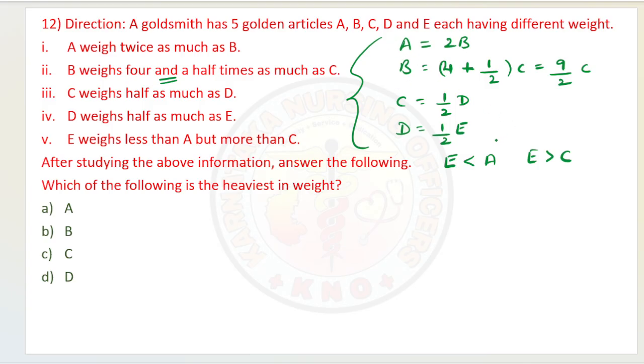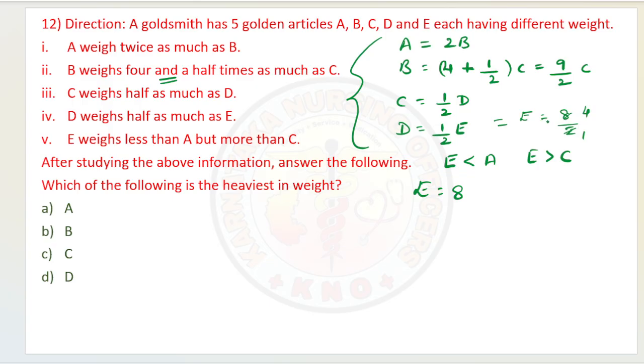So I am considering the E value as 8. Why am I considering an even number rather than an odd number? If you look at article D, it is equal to half of E. So if you take an even value for E, it becomes 8 by 2, which you can easily calculate: 2 ones are 2, 2 fours are 8.